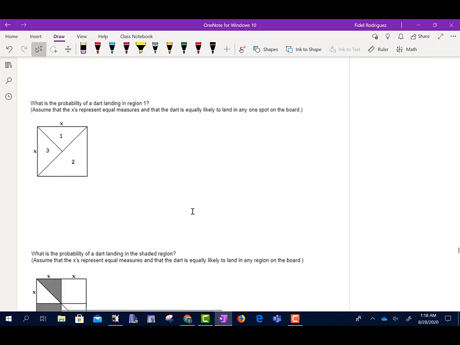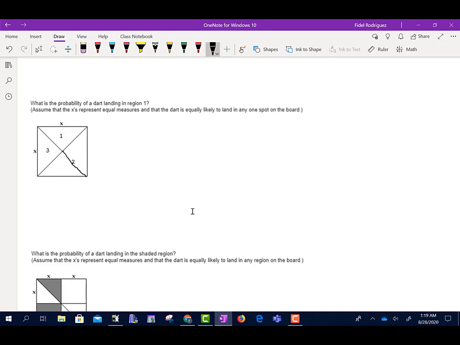Let's take a look at the next one here. It says, what is the probability of a dart landing in region 1? Okay, so guys, look at the way my picture is drawn. Basically I have a square, and this is region 1, region 2, region 3. Why don't we do this? That's not a very straight line, Omar. We can do better than that. Let's go. Okay. Still got a little bit messy, but I think you know what I'm trying to do.